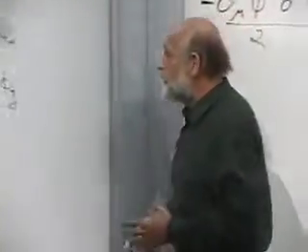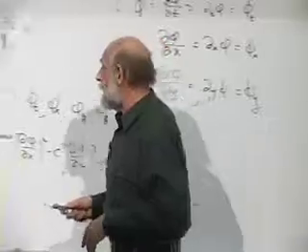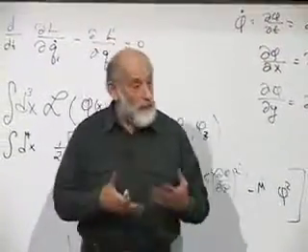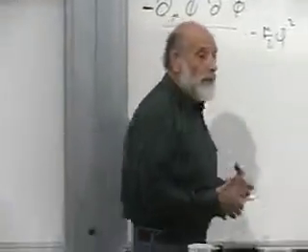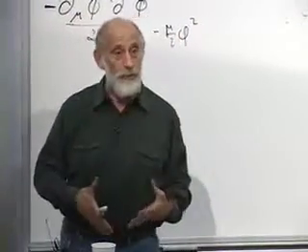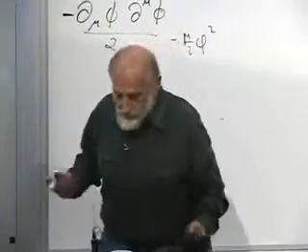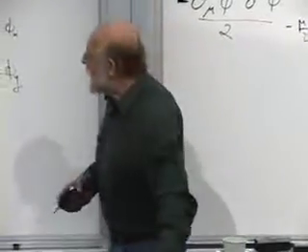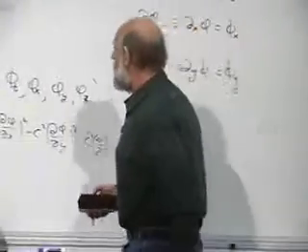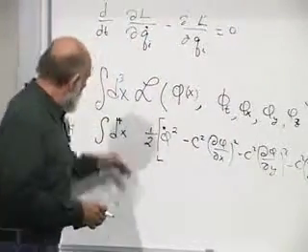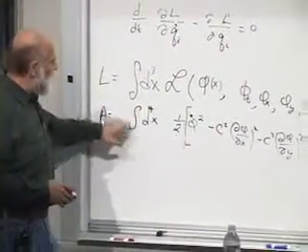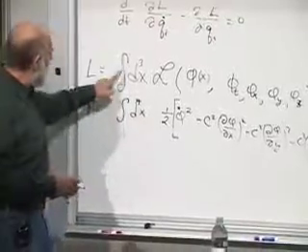Now we have a problem which is to figure out not only the dependence of phi on time, but also on space and time. And so the equations are going to be partial differential equations, or wave equations to be specific. So the question is, how do you take a thing like this and minimize it? Let's just take this to be a special case. Here's the general form.